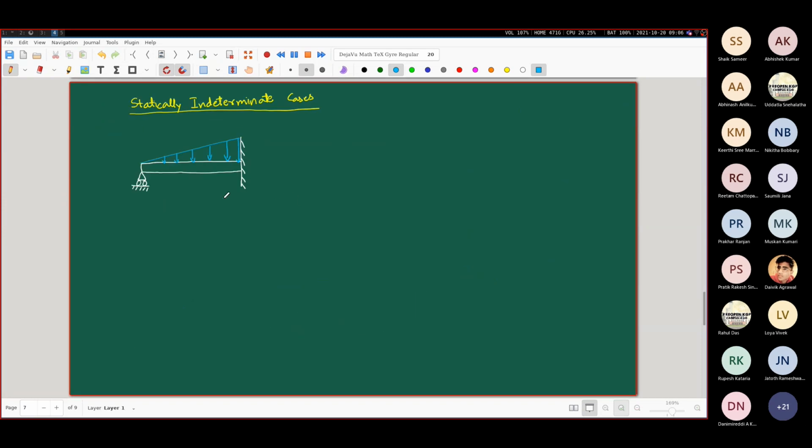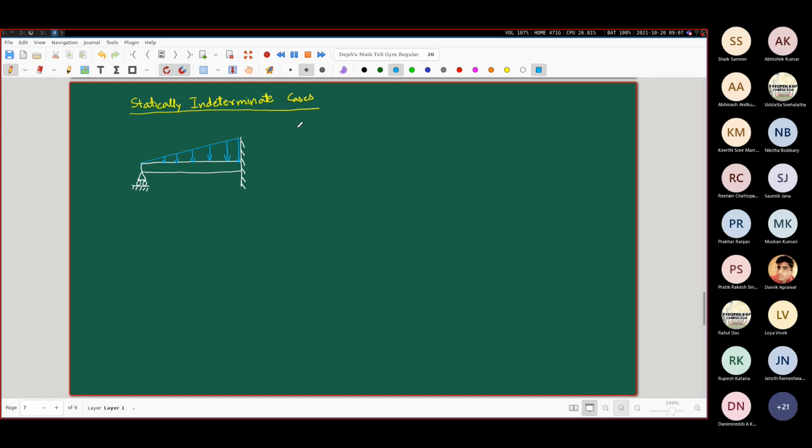However, when we come to this, at the first step, if we wish to determine these unknown forces, we are not able to do that, because we have more unknowns compared to the number of equations of static equilibrium. So considering just the statics part, which you learned in your first year mechanics, this problem is unsolvable, which is why it is referred to as statically indeterminate. We cannot determine it.